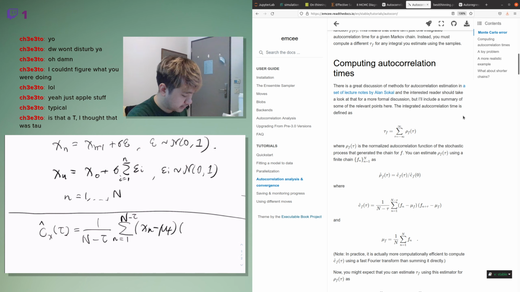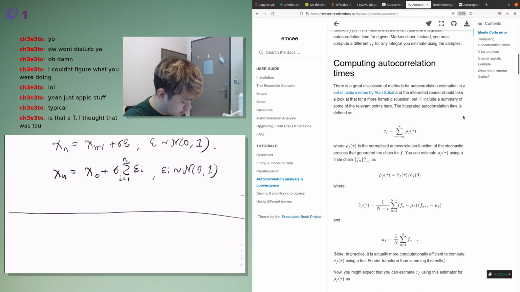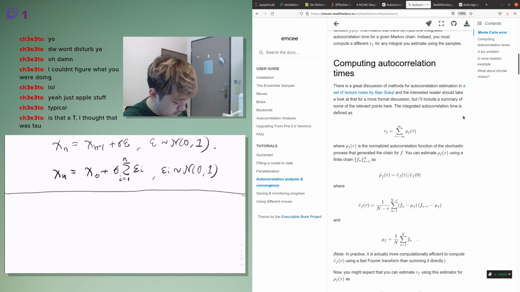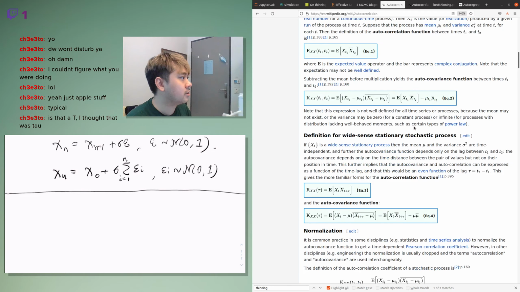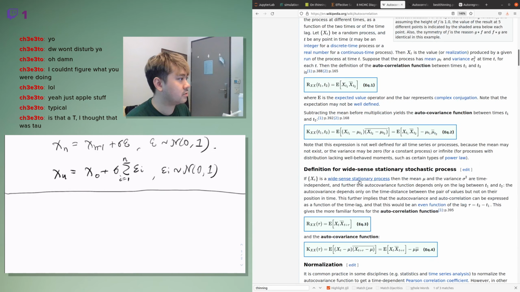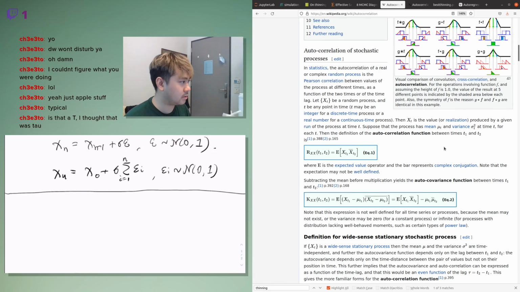This is a finite estimate, so I don't really need this. Eventually I do, but for the sake of this exercise, I probably don't need to worry about that so much. So all I need to do is find the autocorrelation here. It's just this formula, just this idea really.